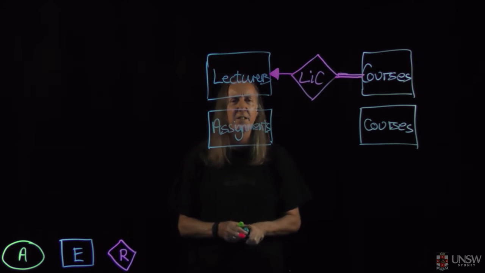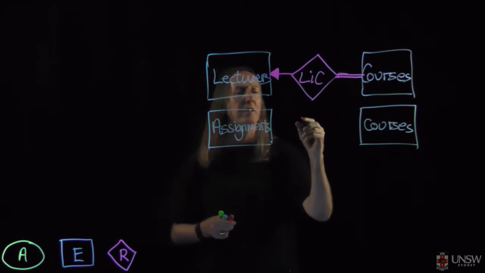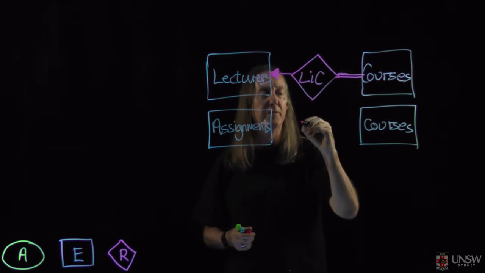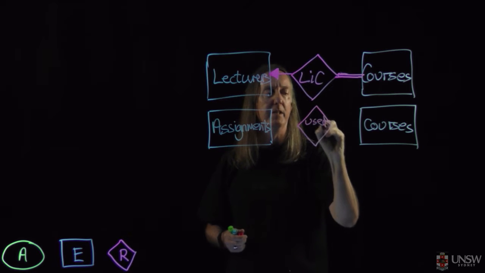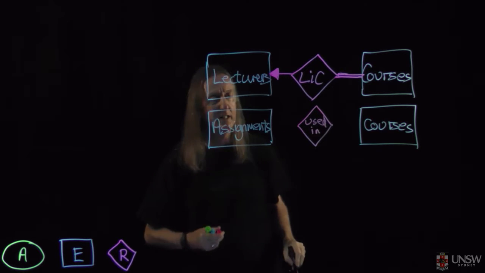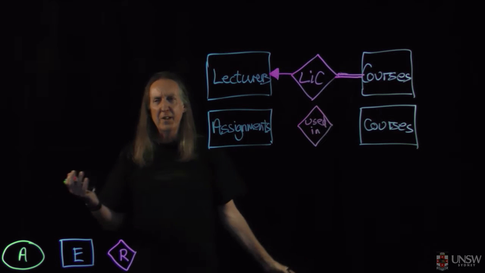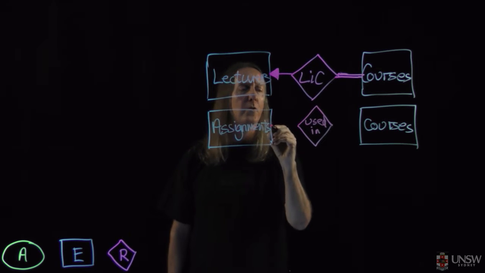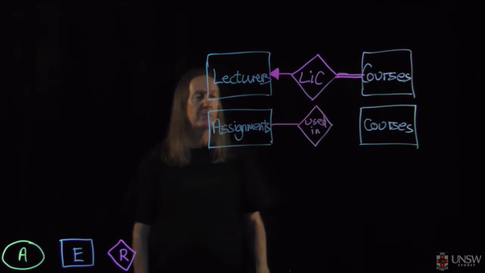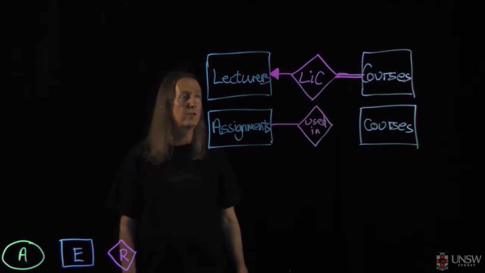So assignments are related to courses by being used in courses. So our relationship can be used in. There may be assignments that are floating around that haven't yet been used in courses, so we won't force every assignment to be used, but probably eventually they all will be.